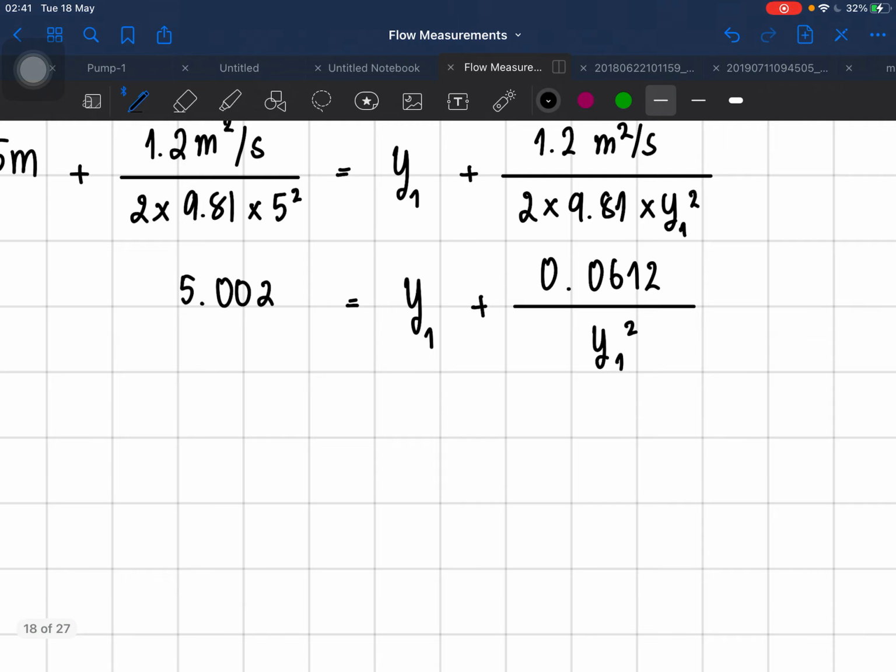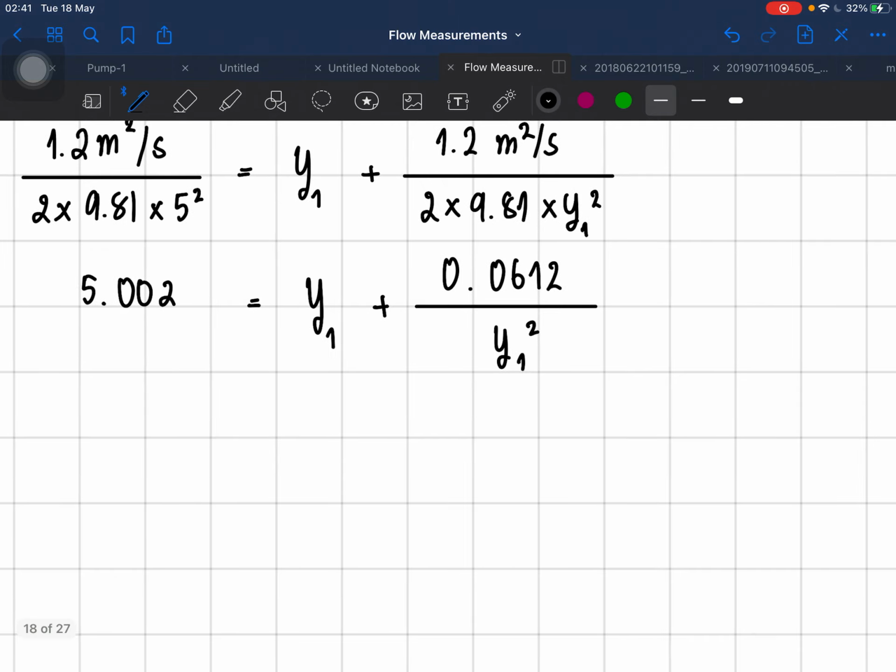Okay, so I see something is coming. This would be y1 cube plus 0.0612 equals 5.002 y1 square. Should I use this or use the other one?